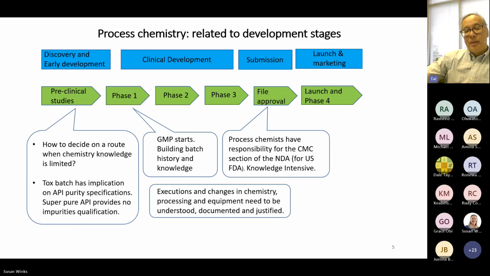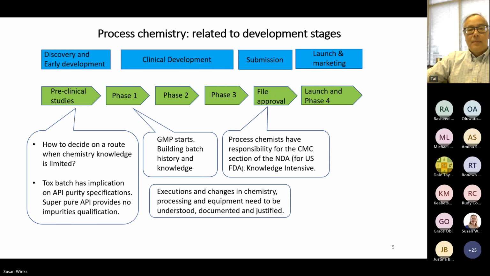The execution and changes in chemistry, processing and equipment really need to be understood, well documented and justified to regulatory agencies during the clinical phase. If the drug is successful, we get to the point where a submission is filed for approval of the drug to be marketed. That is actually, I think, a combination of process chemistry work. Of course, if that's successful, a new drug will be launched into the market. I think this is probably one of the ultimate goals for people who are doing process chemistry.